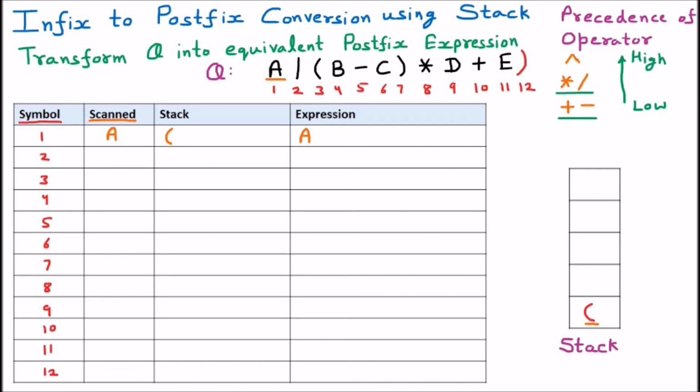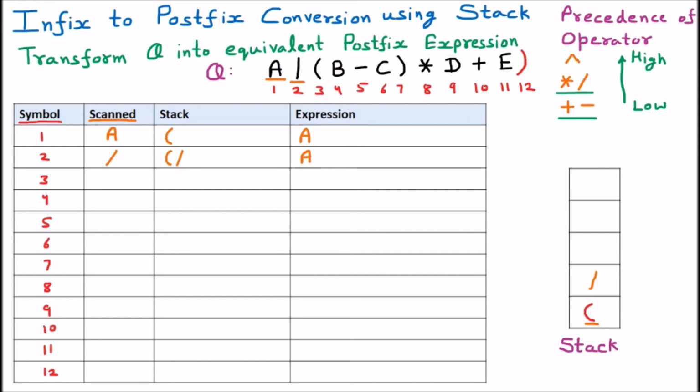Now we scan the second symbol, which is divide. Whenever an operator is encountered, it will be pushed to the stack. So the operator comes onto the stack, and the stack entries are bracket and slash, and the expression A stays as it is.